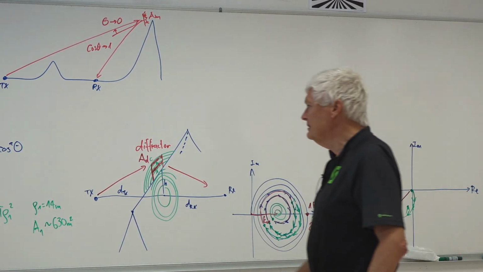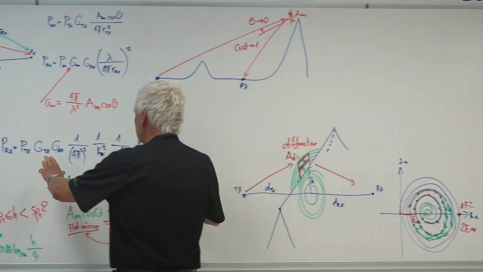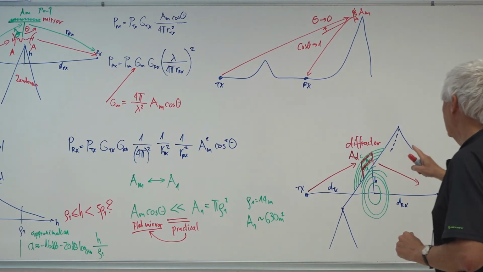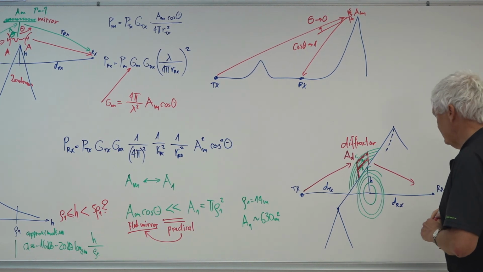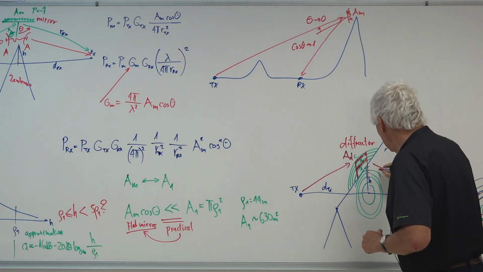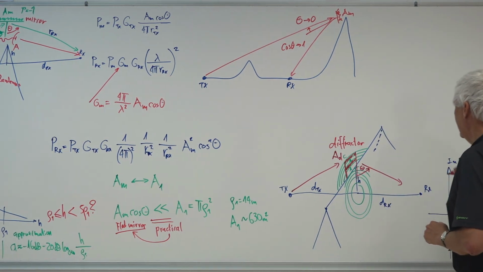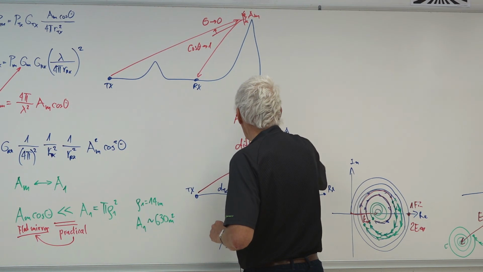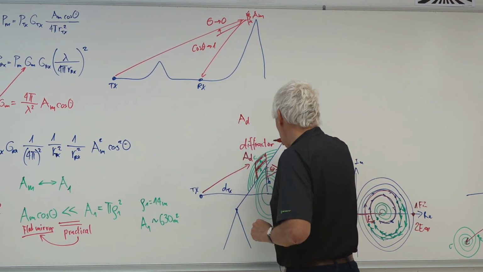Everything stays the same as here, only we should consider issues over the diffractor. So the angle theta is now here. The actual useful area of the diffractor is the area of the diffractor times what?